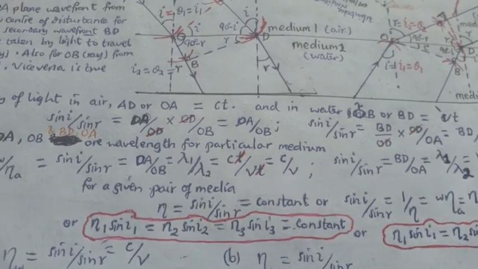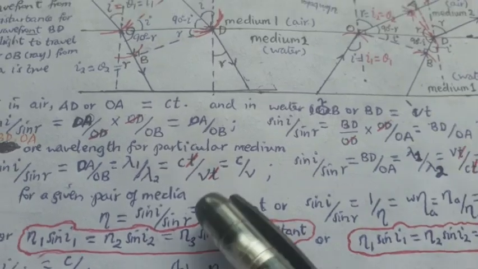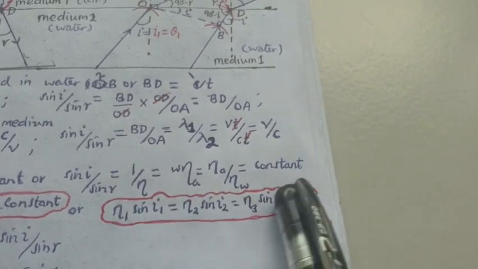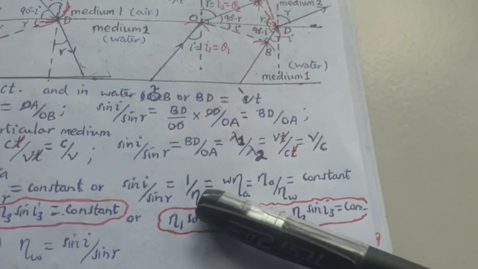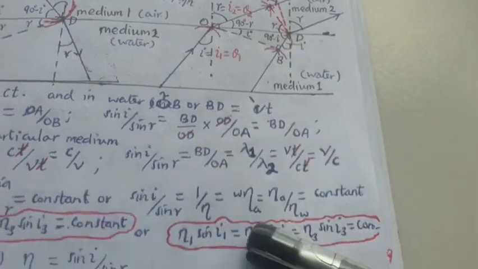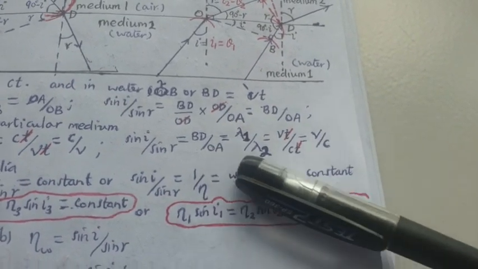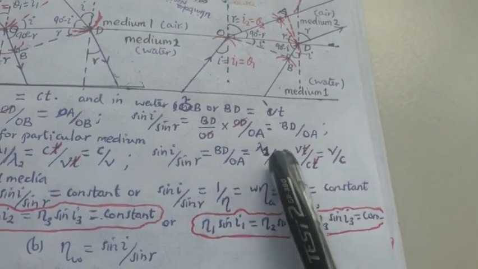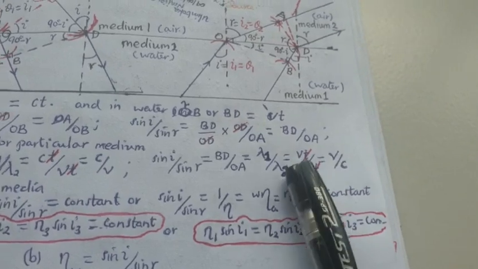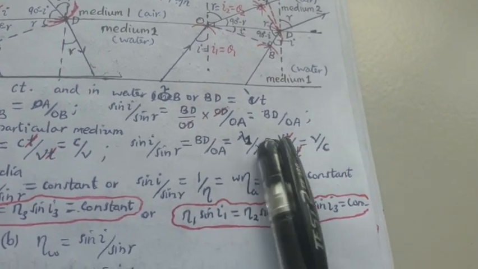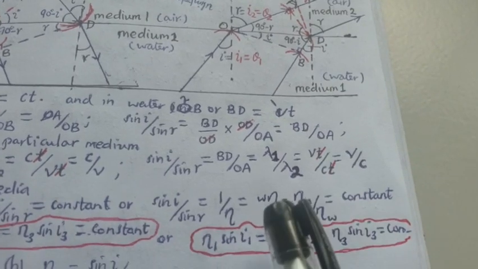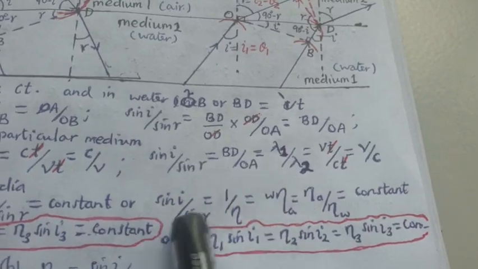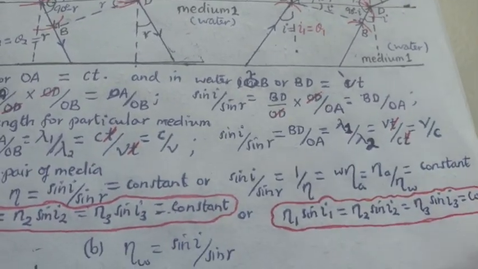Remember, this incidence 2 is equal to the refracted angle, which is equal to a constant, the same as for the previous cases, despite that this case is from water to air, for which we know this ratio is defined as the index for air divided by the index for water for a pair of media. Now, because we know the refractive index for air is approximately 1, we have the reciprocal here when one medium is air.